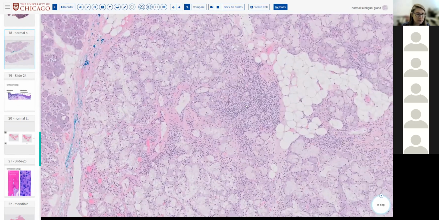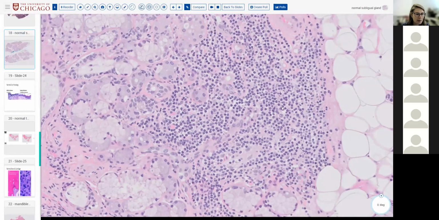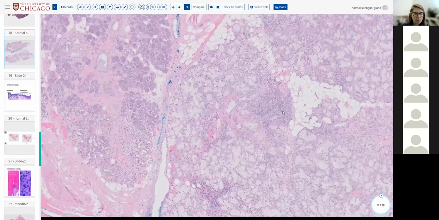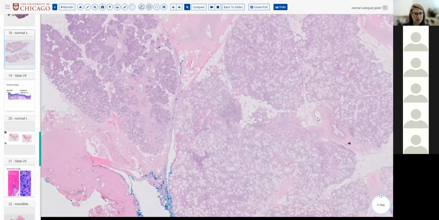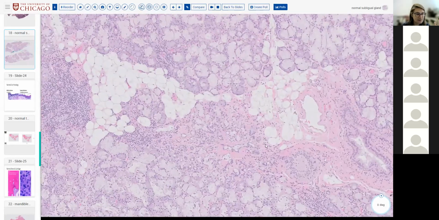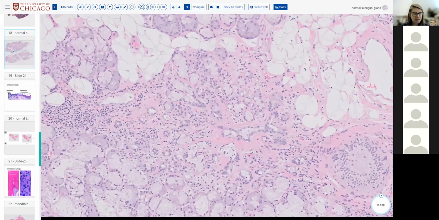You'll notice here some inflammatory cells. Inflammation can happen in the glands from autoimmune disease, from radiation. You also see a little bit of fat in the gland. So the things you might think about for atrophy are not only fat, but also an increase in this background collagenous stroma.